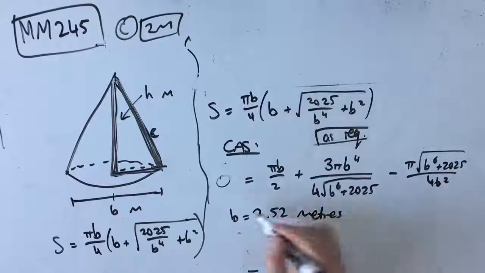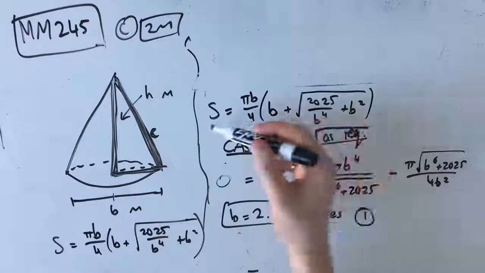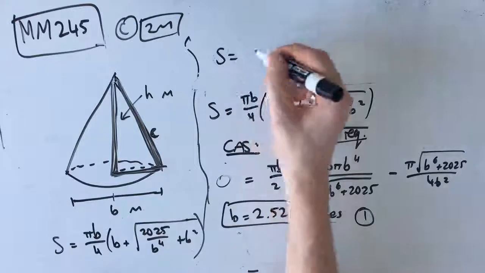We need to make sure that we include this meters unit. And that's our first mark: recognizing or finding the value of b. Then our second mark is finding the minimum value of S correct to 2 decimal places. We find that by subbing in our b value.